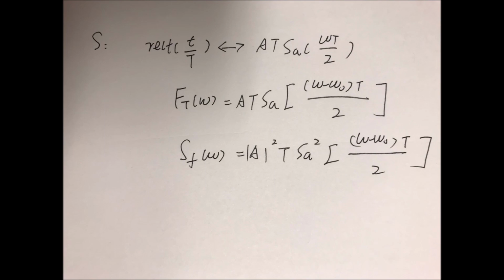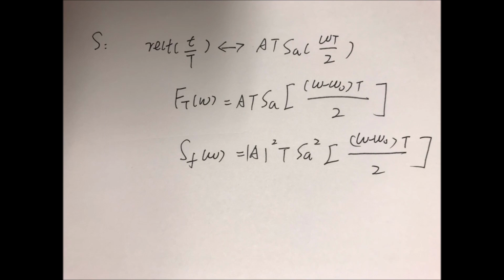We substitute F_T(omega) into 4.17 and get S_f(omega). We have A squared, T squared cancels with this T, so only T is left, sinc squared. So my S_f(omega) is A squared T sinc squared.